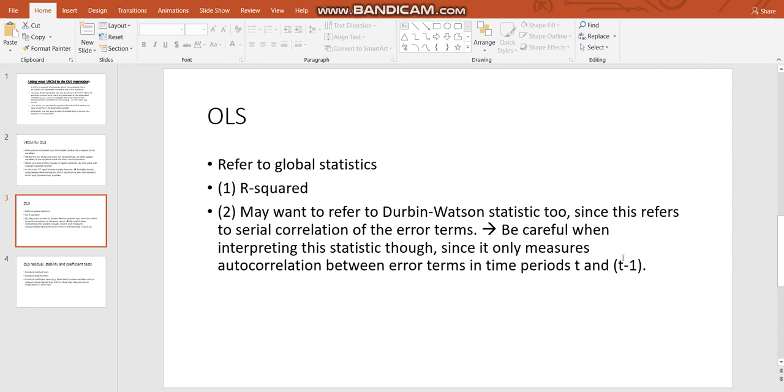But be careful, this isn't a great test for autocorrelation or serial correlation, because it doesn't check the autocorrelation between error terms in the present and time periods that go before the immediately preceding period of t minus 1. So in other words, it doesn't compare t and t minus 2, t and t minus 3, and so on. So we have to be careful when analysing the Durbin-Watson statistic. But again, you can use a sentence or two to talk about that.